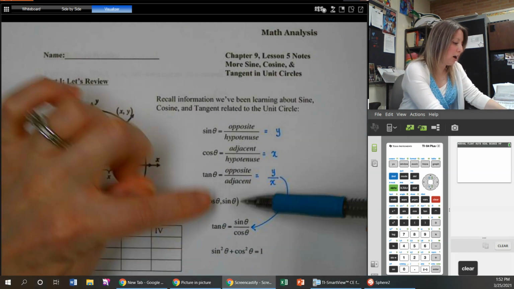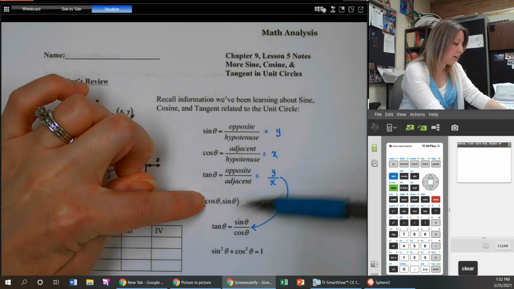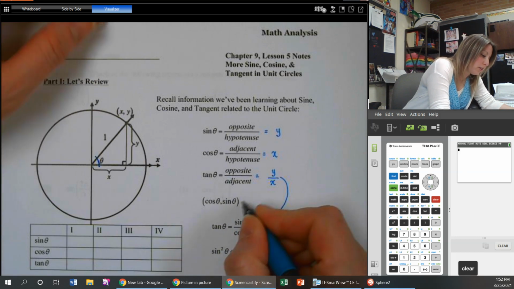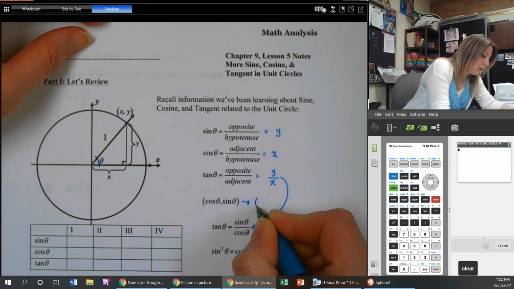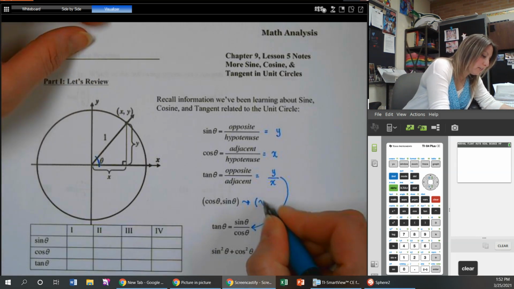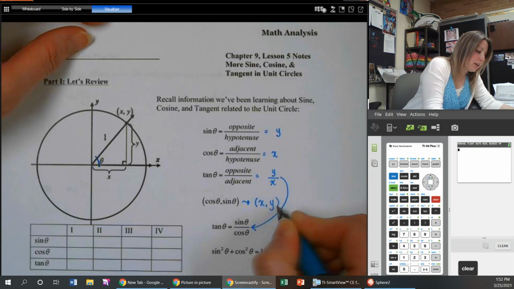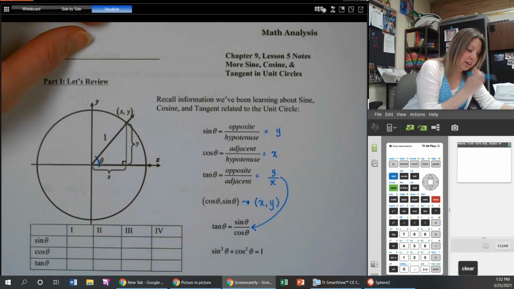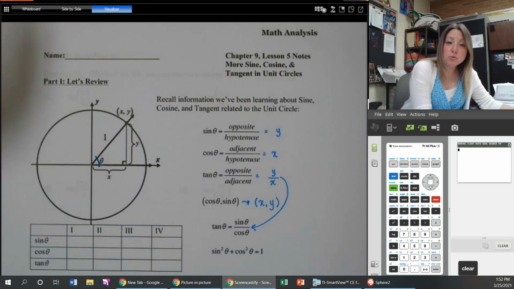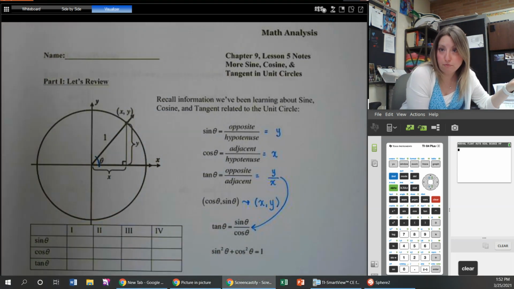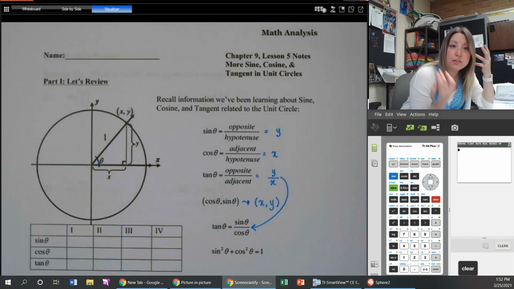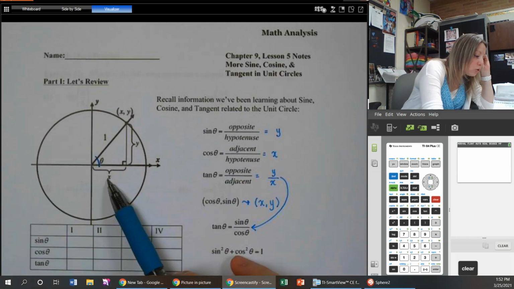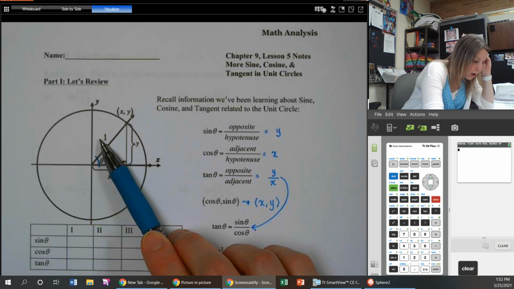Since sine is y and cosine is x, then you can represent your coordinate points as cosine theta, comma, sine theta. So that's the way we can figure them out, right? These coordinate points are cosine, then sine. And then as a result of all of this, the Pythagorean theorem here would be x squared plus y squared equals 1 squared, right?